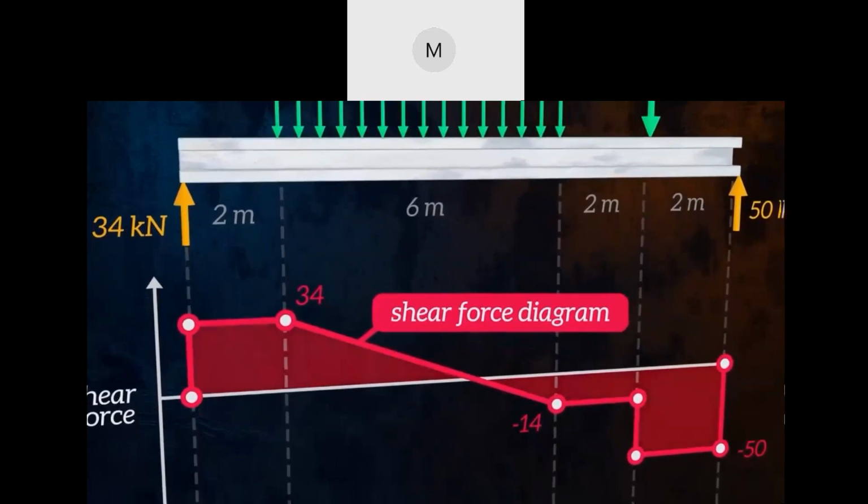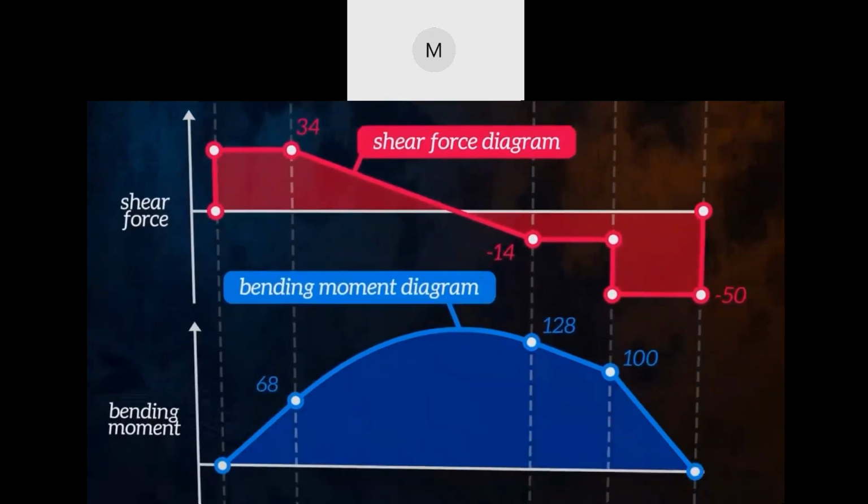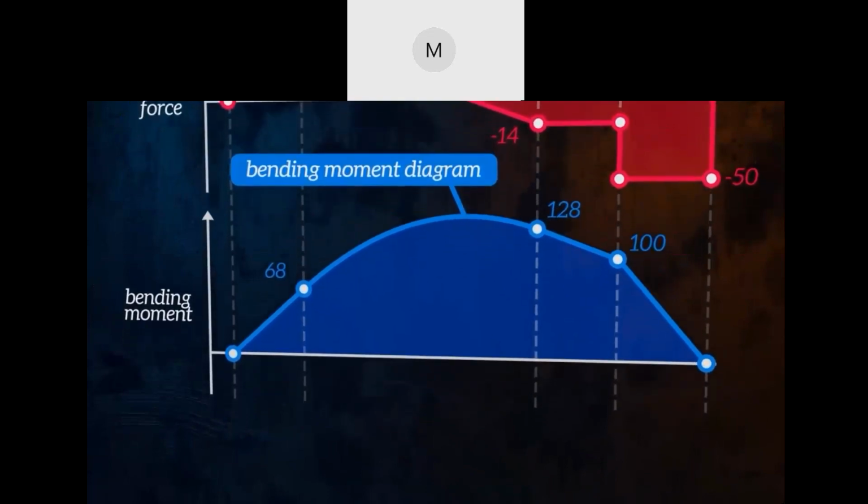In this video, I'll explain exactly how to master these diagrams, and we will see how they can be used to understand how a beam is loaded.